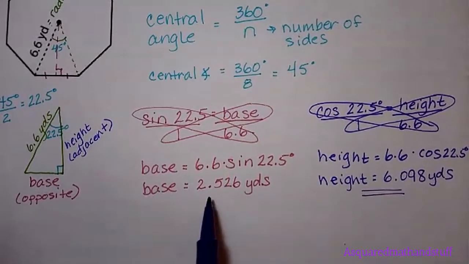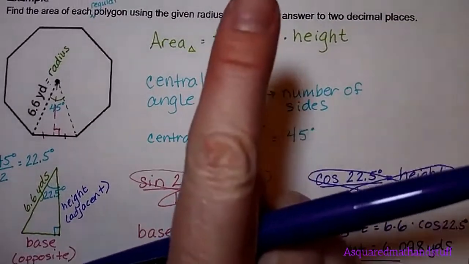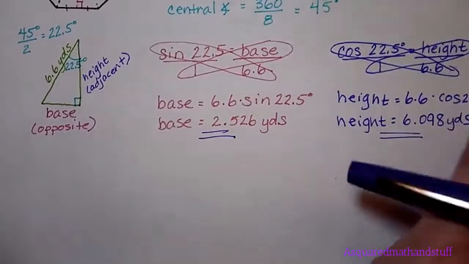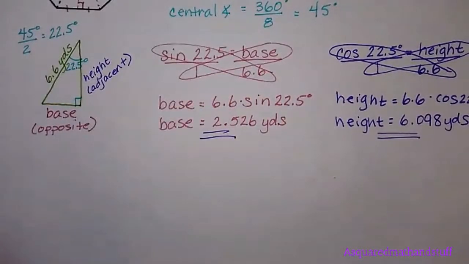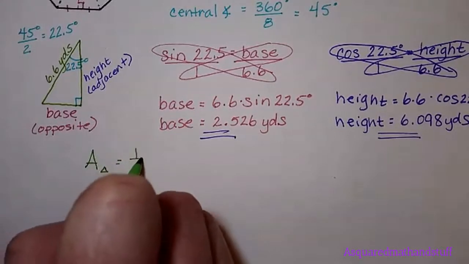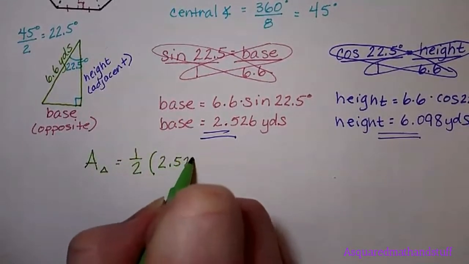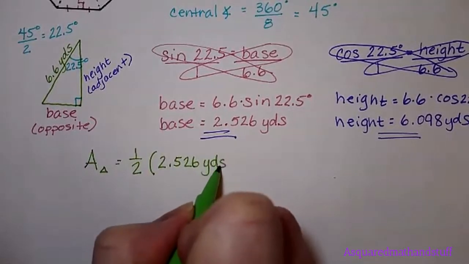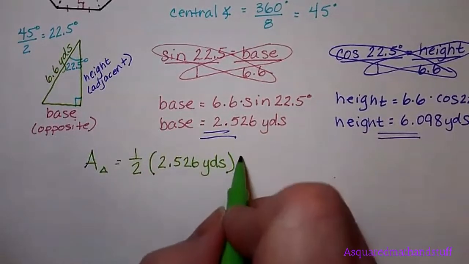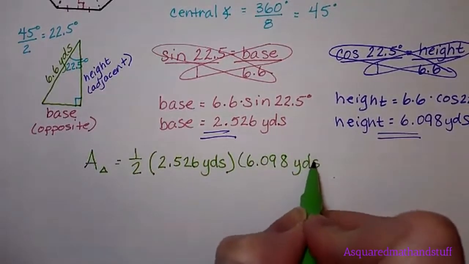We have our height, we have our base. Let's plug those back into the area of a triangle. So 1/2 base times height. Let's calculate that out. Let's see what the area of this green triangle is. So the area of our green triangle is 1/2 times our base, which is 2.526 yards, and then multiply it by the height of 6.098 yards.